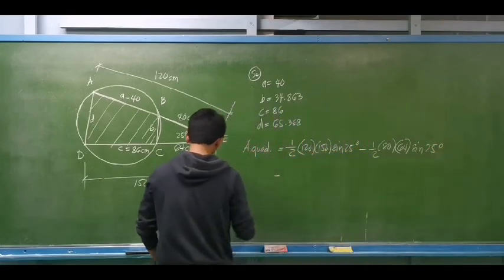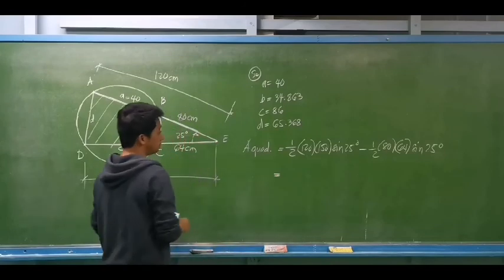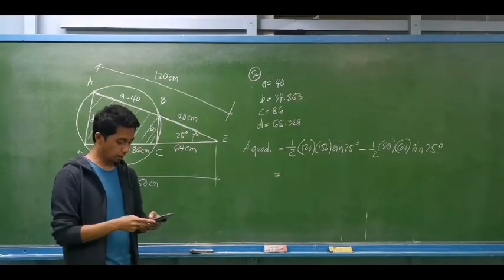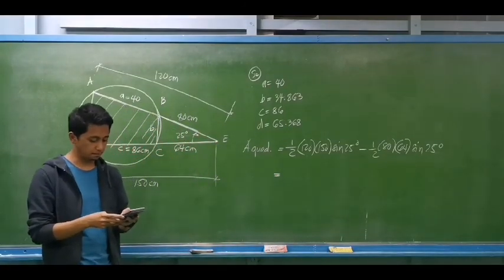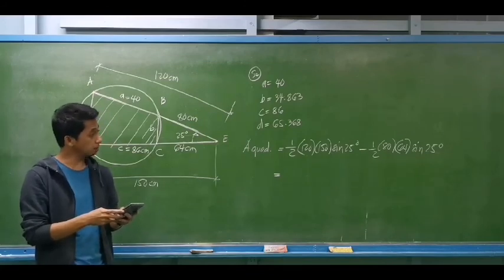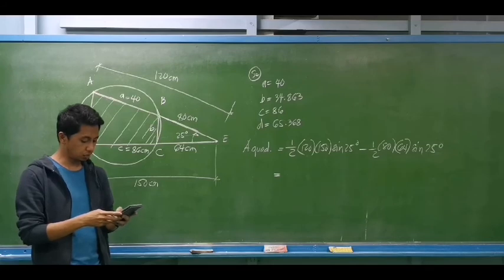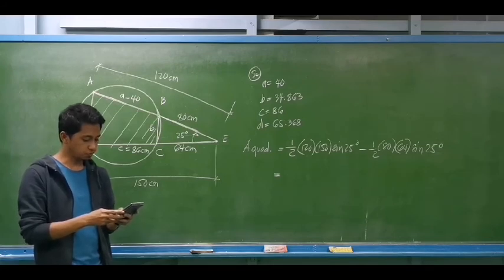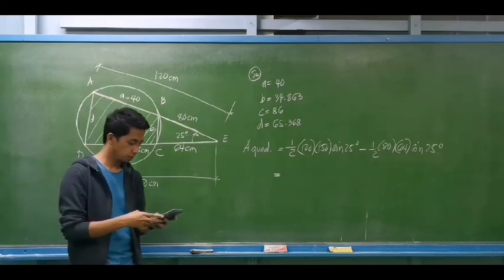So this is equal to, check natin kung pareho lang yung lalabas na sagot. That is 1/2 of 120 by 150 sin of 25 minus 1/2 of 80 by 64 times sin of 25.